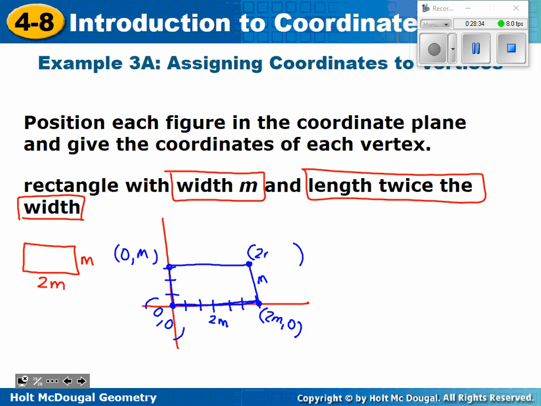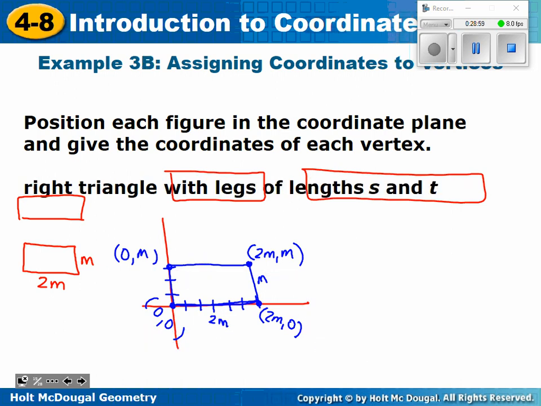So we went right 2m and we went up m, so 2m, m. Is this making sense? So you pick what you want to let that variable represent in your mind so that you can put it on your coordinate plane and you can make sure the relationships are correct. That whatever you let your width be, your length really is twice that. But then do away with the numbers and use the variables to actually name your coordinates.